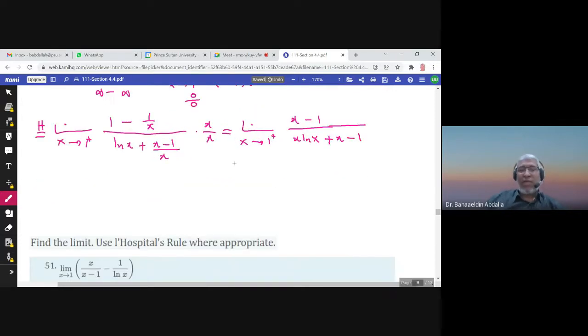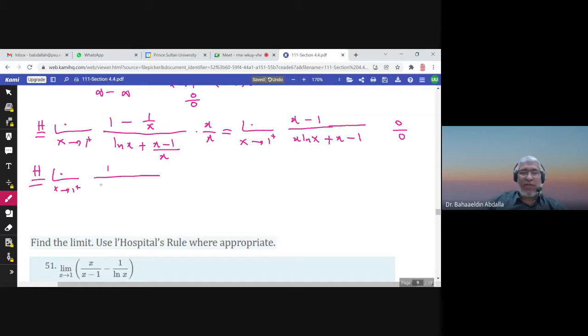Now if I replace x by 1, 1 minus 1 is 0, and here ln 1 is 0, so this is 0, and 1 minus 1 is 0, so again I have 0 over 0. So I need to use L'Hopital's rule once more. Derivative of x is 1, and derivative of 1 is 0.